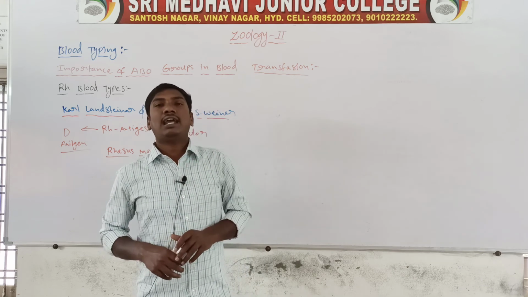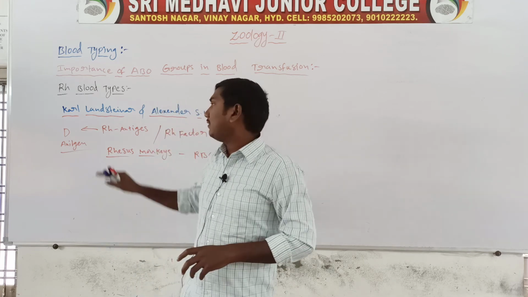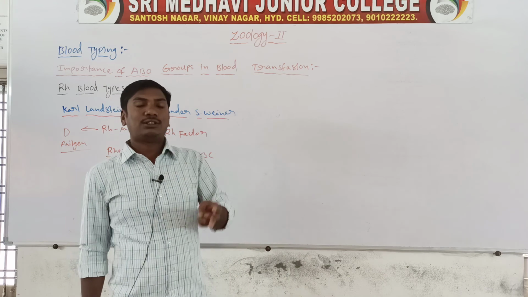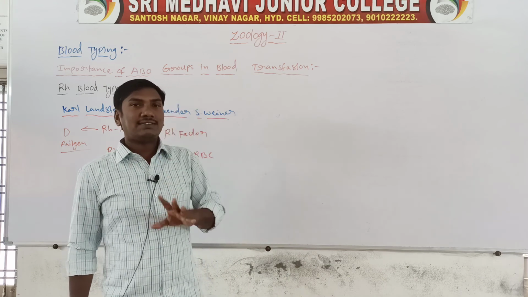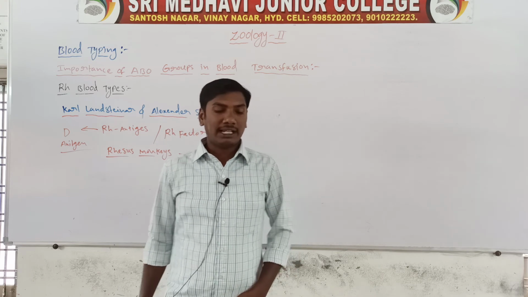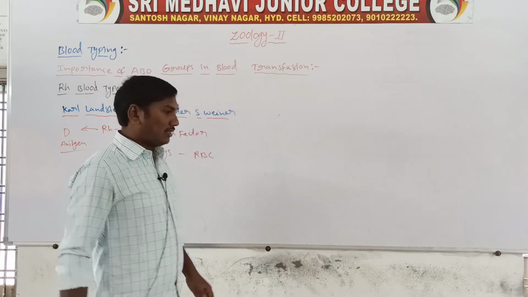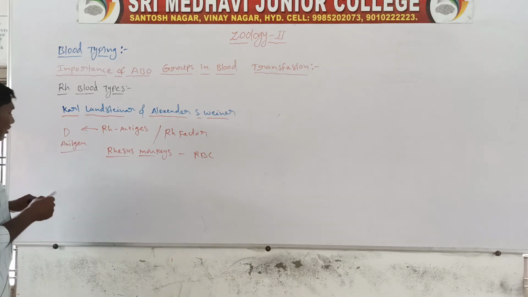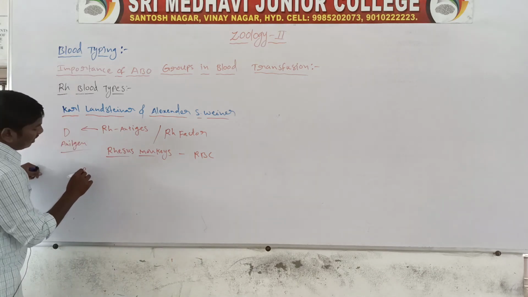These two scientists, Carl Landsteiner and Alexander S. Wiener, first identified the RH factors in rhesus monkey red blood cells.